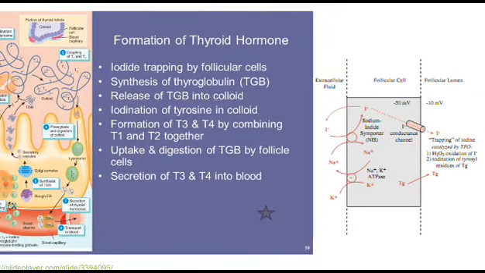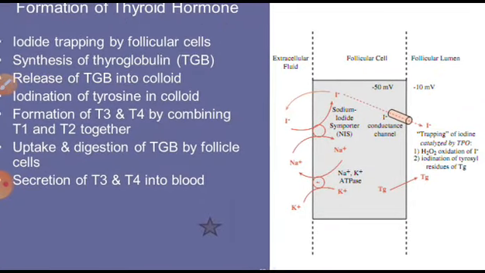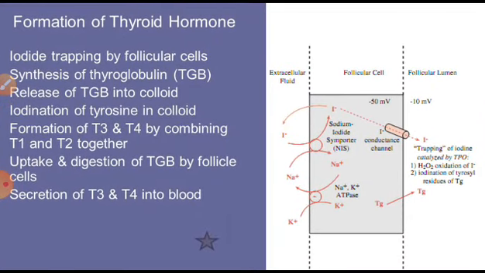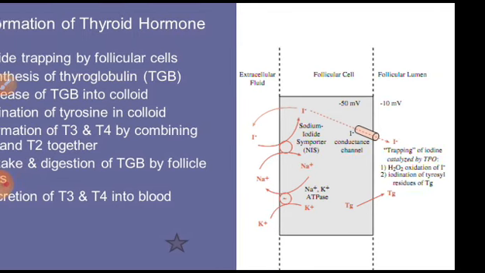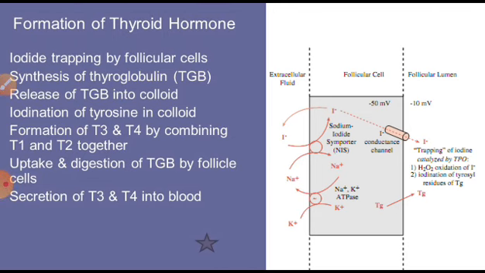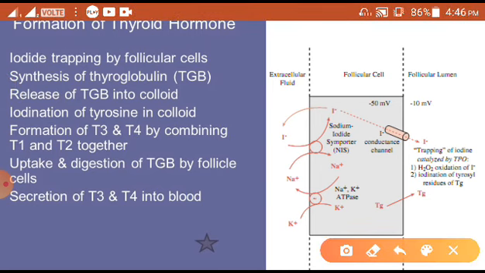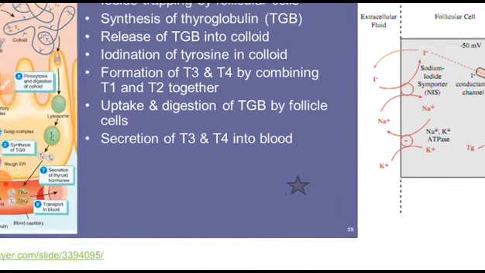This diagram also helps you to understand how it happens. The iodine which is outside comes in by the sodium iodide symporter, right? You can see here the sodium iodide symporter. This symporter brings sodium as well as iodide inside. Now this sodium which came in has to go out, and it utilizes the sodium potassium ATPase pump to go out.